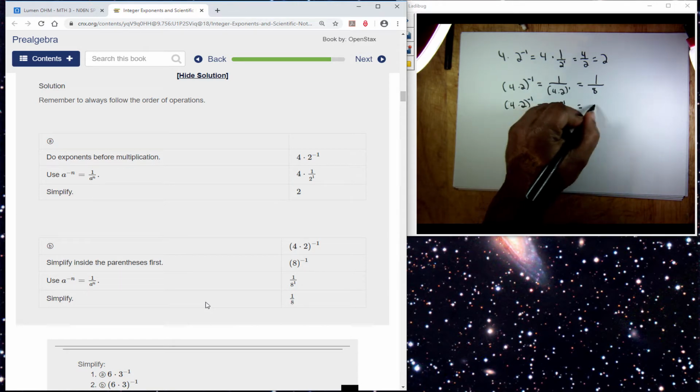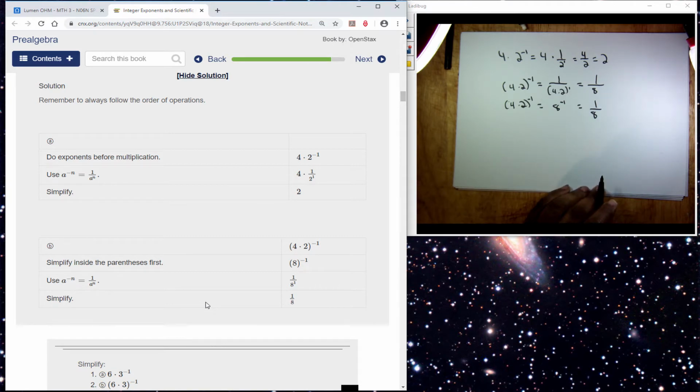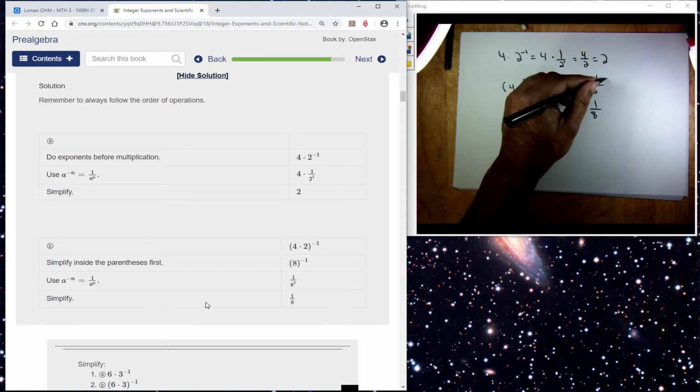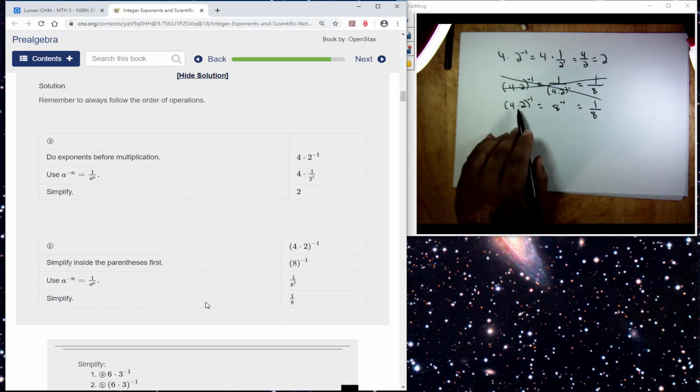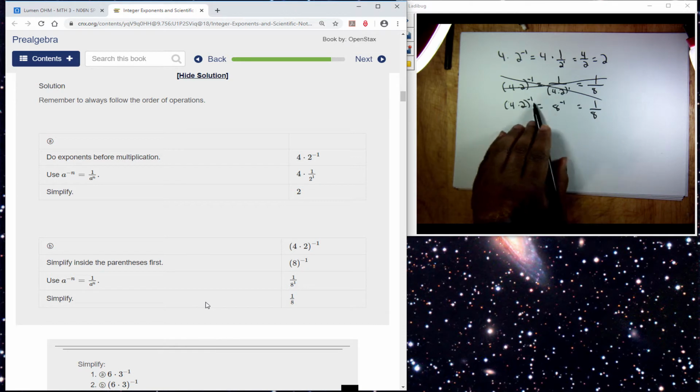So that belongs down here. I have 1 over 8 for my answer. So always follow the order of operations. Do what's in the parentheses first, then take care of the exponent.